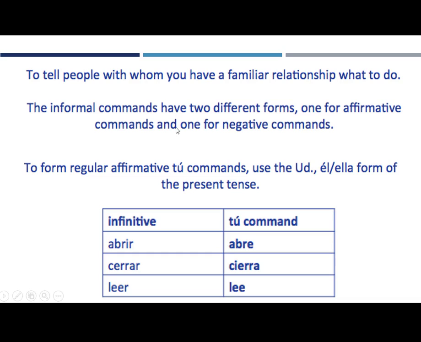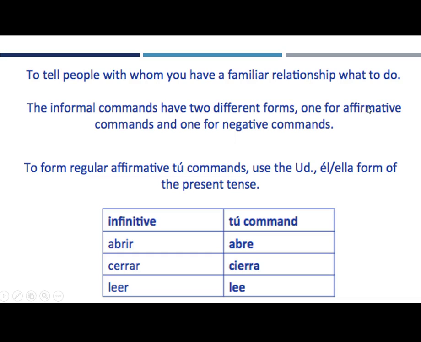So the informal commands have two different forms. One for when you want to tell someone what to do, open the door, study more, and one for when you're telling someone what not to do. Don't open the door, don't wake me up, don't drink water, whatever it is.